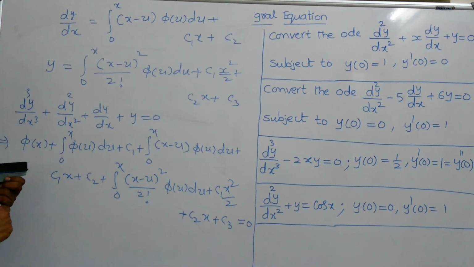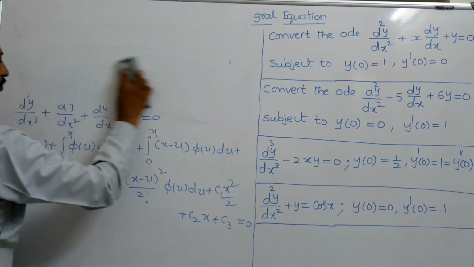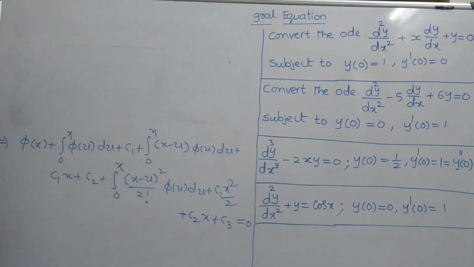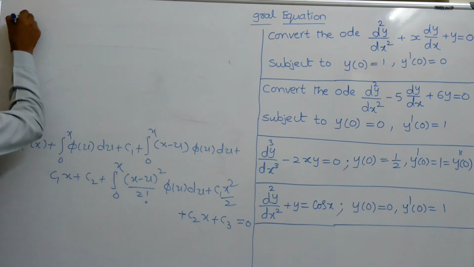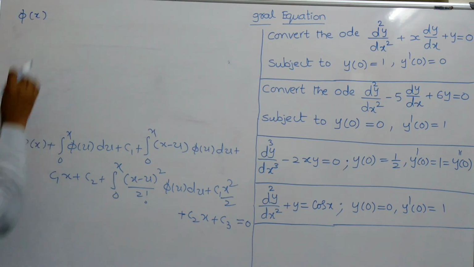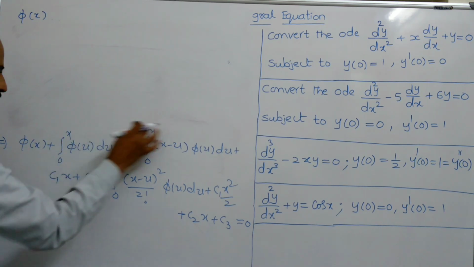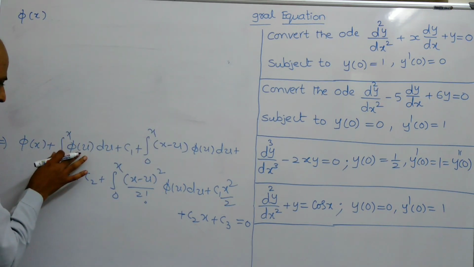Let us simplify this equation completely. We get an integral equation. Phi of x is equal to, you observe that in every term we have integral 0 to x phi of u du.